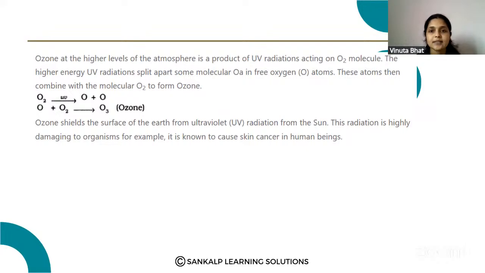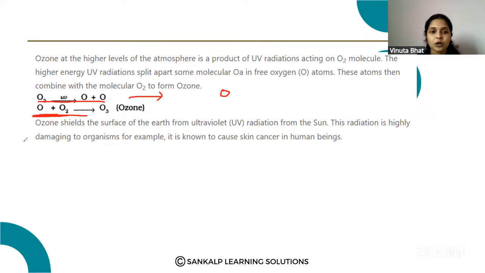Here you can see the reaction: O2, oxygen, is split in the presence of UV into oxygen atoms, O, and O3 is formed by combining these O atoms with the oxygen molecule. So that forms the ozone.